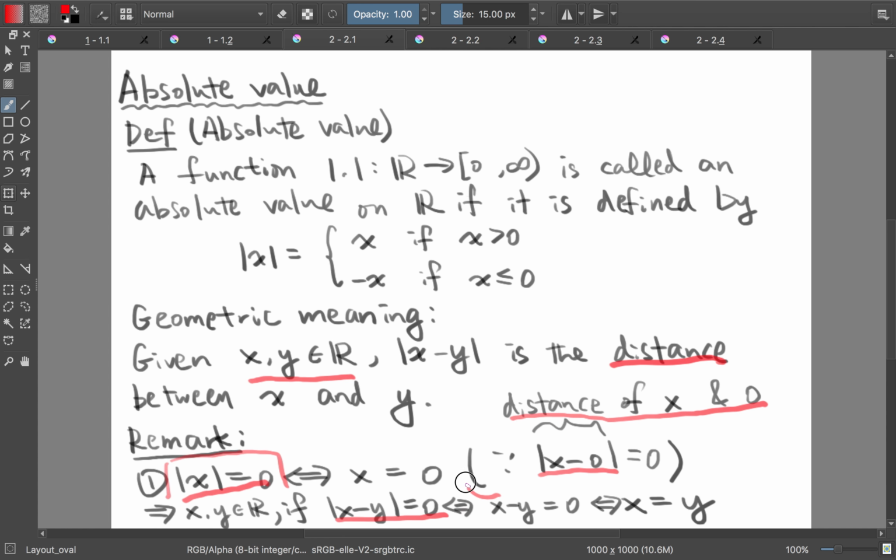It follows from the above statement. And if we put the y on the right-hand side, we get x equal to y. What does it mean? It means that if the two numbers are at the same point, then they are indeed the same real number.